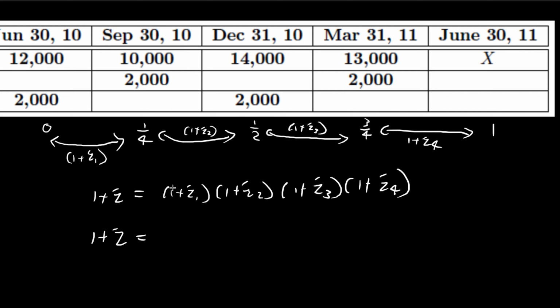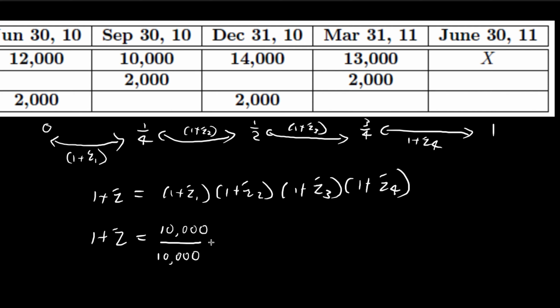So 1 plus I1 is the effective rate that we're earning from time 0 to time 1/4. That's just the final amount that we have here divided by the amount that we originally had. At time 0 we started off with 12,000, but then we made a withdrawal of 2,000, so we're left with 10,000. We start off with 10,000, and then it grows to 10,000. So essentially there's no growth, and I1 is equal to 0.